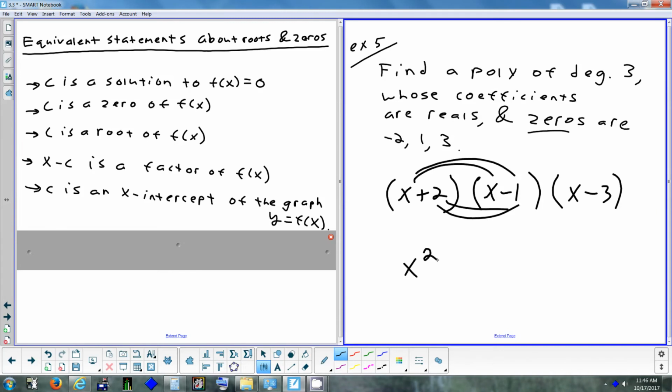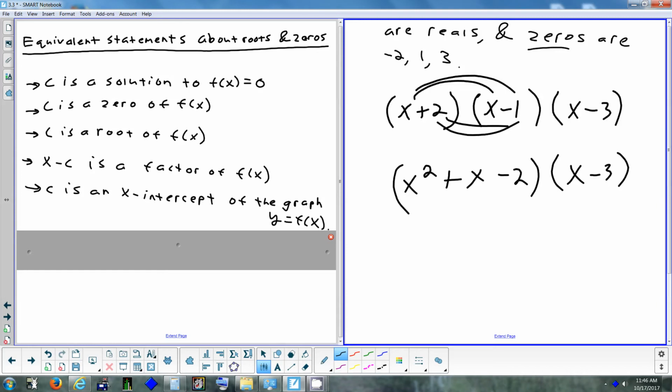So we get x squared minus x plus 2x. What's minus x plus 2x? x. And then 2 times negative 1? Negative 2. So now just distribute one more time. x squared times x, x cubed. x times x, x squared. x times negative 2, negative 2x.